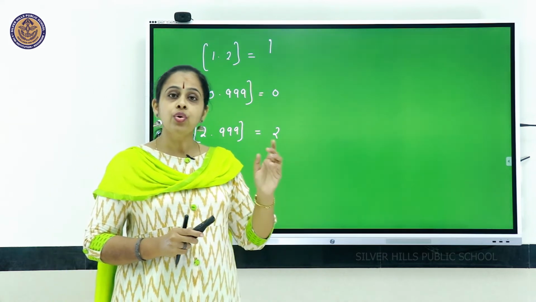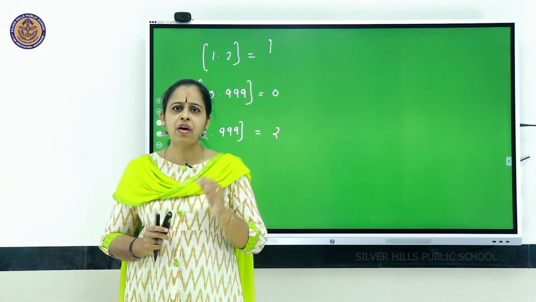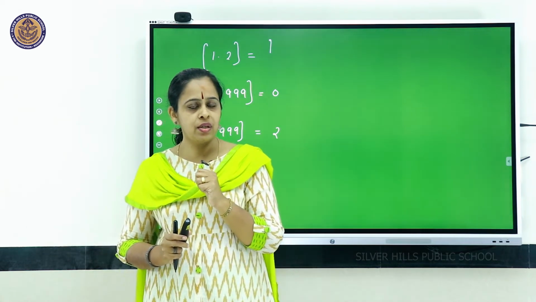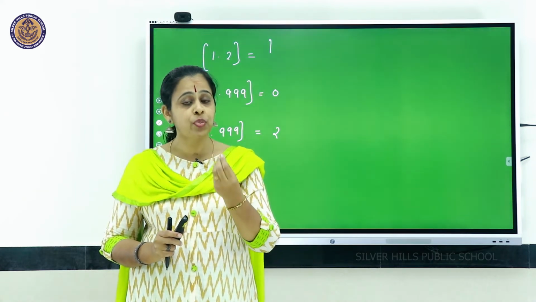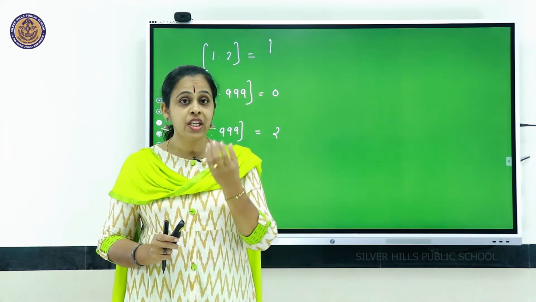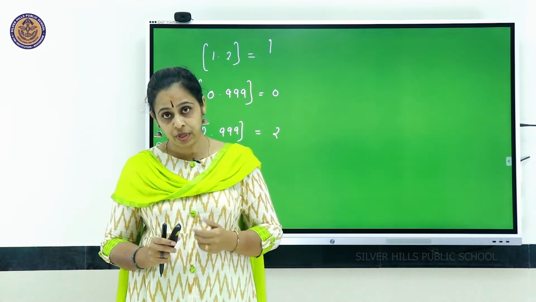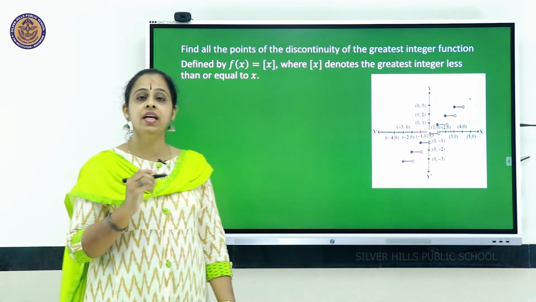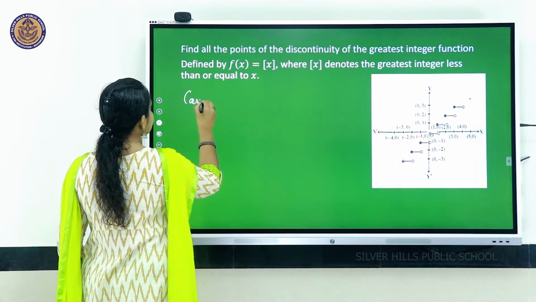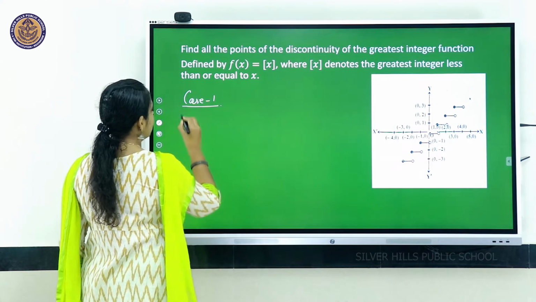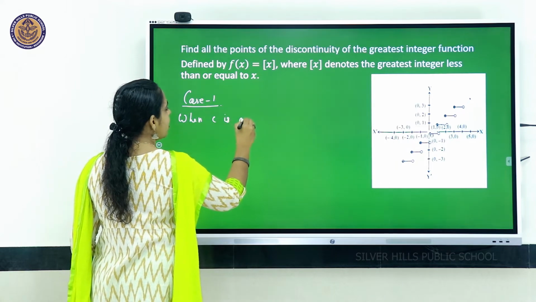Now, to discuss the continuity of the greatest integer function, we have to consider 2 cases. The c which we are taking from the domain will take an integral value or a non-integral value. Okay? Let us take case number 1, when c is an integer.